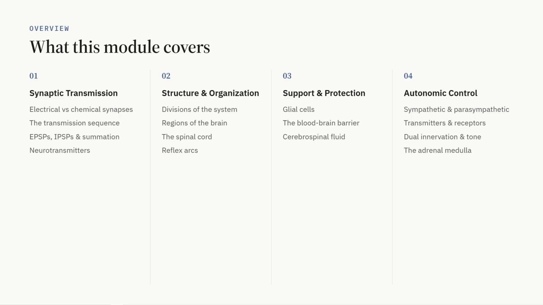Third, support and protection, the glial cells that do the housekeeping. The blood-brain barrier, and the cerebrospinal fluid that cushions everything. And fourth, autonomic control. The sympathetic and parasympathetic divisions, their transmitters and receptors, and the adrenal medulla.